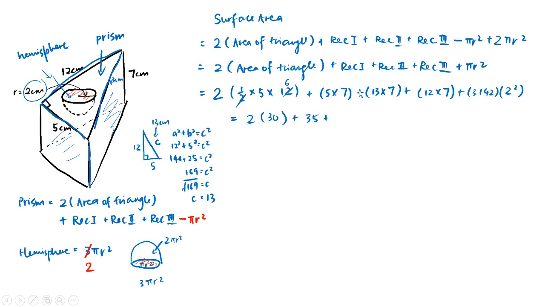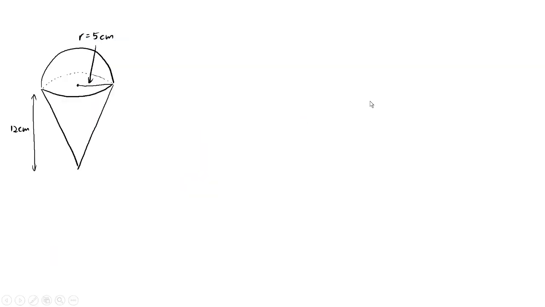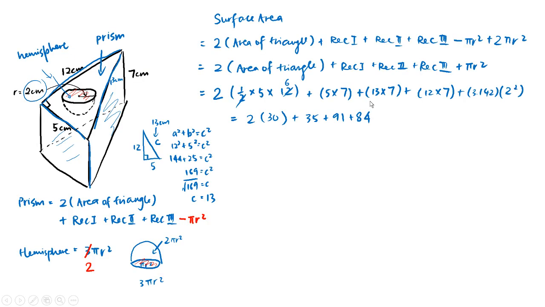Sorry, 13 times 7 is 91. 12 times 7 is 84. Okay, and 3.142 times 2 square equals to 12.568. Okay, so let's add them all up together.